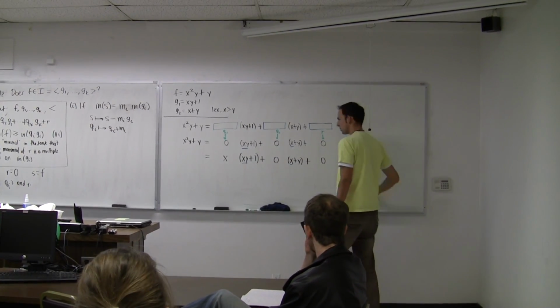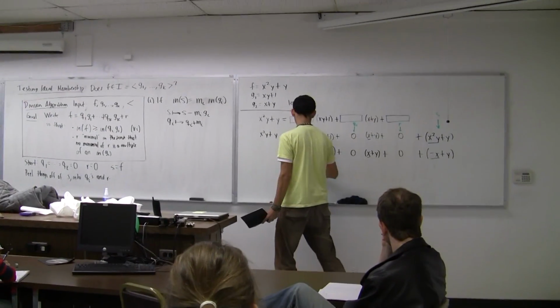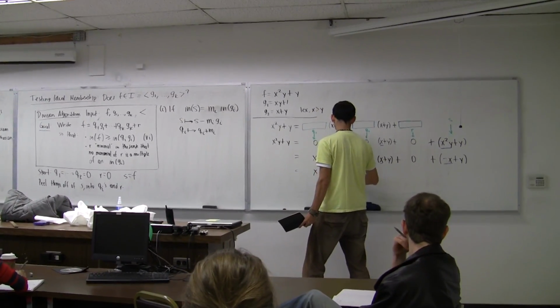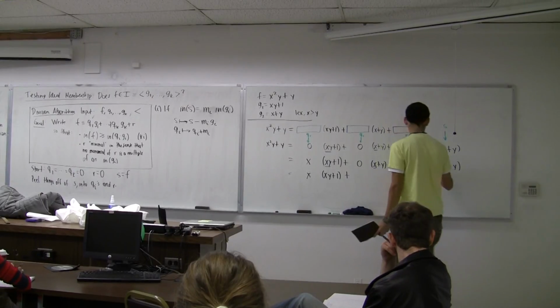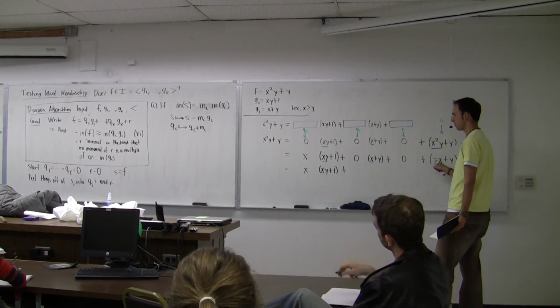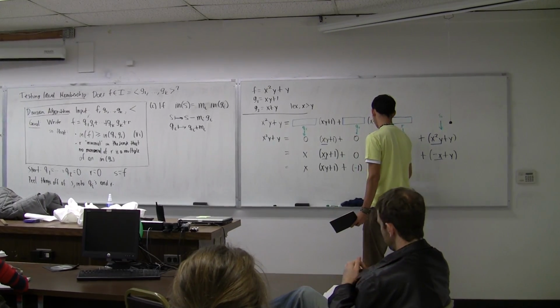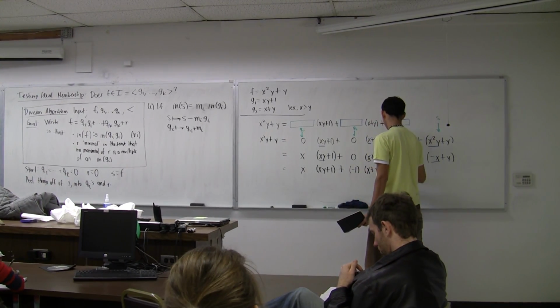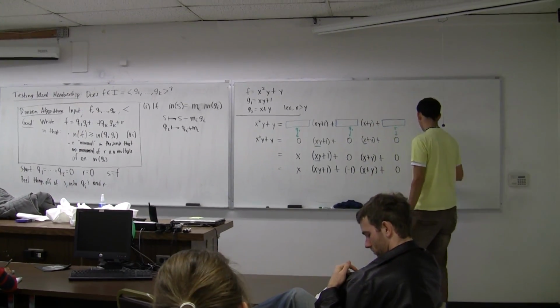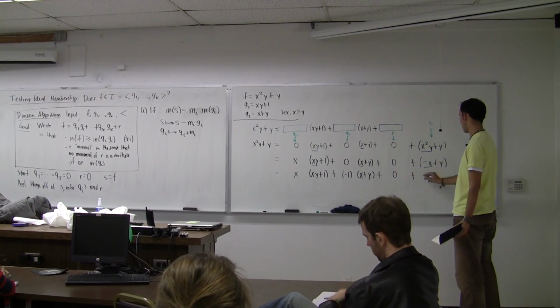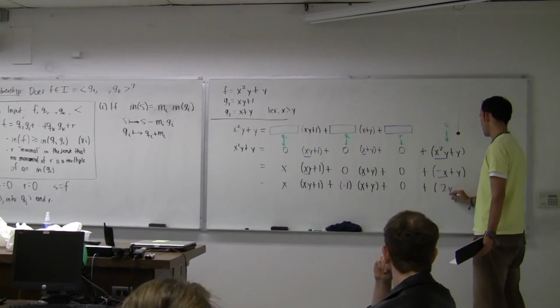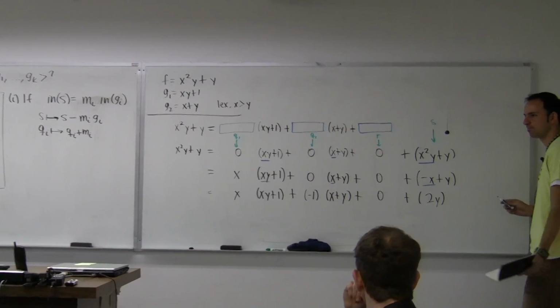And so what I do is I keep this guy alone, and then I add here whatever I need to cancel this minus X. And so that's a minus 1 X plus Y. Keep this at 0. And to keep this equation true, I have to make this a 2Y.